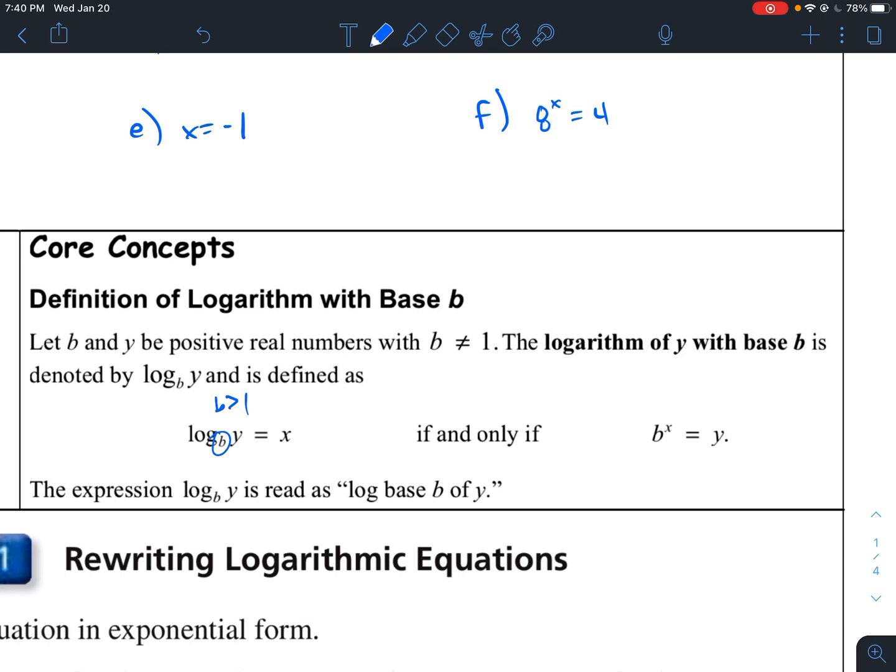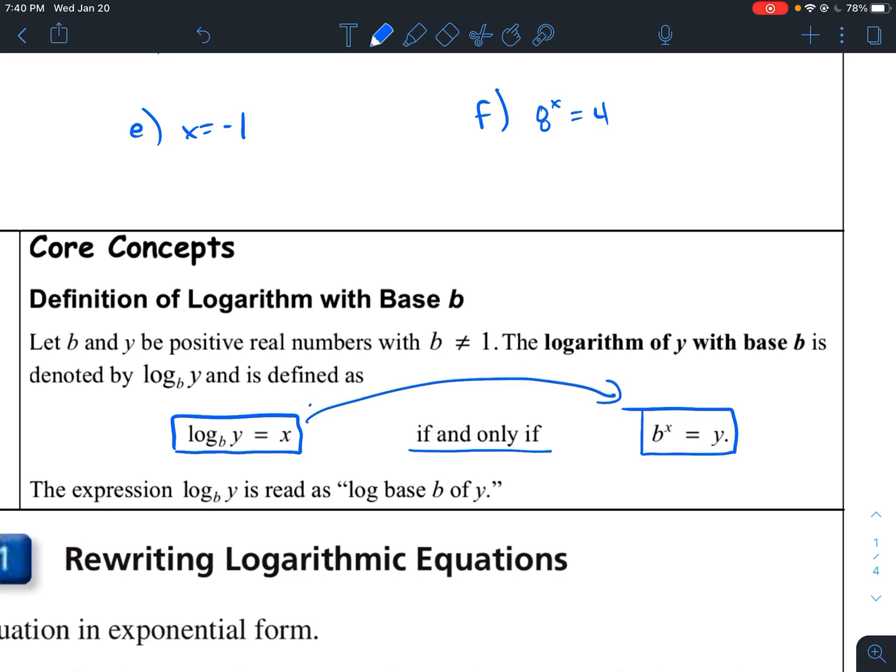The logarithm of y base b is denoted by this and defined as this right here. Okay? Now, log base b of y is equal to x if and only if b to the x is equal to y. So right here, this is how you can convert. This is like converting.